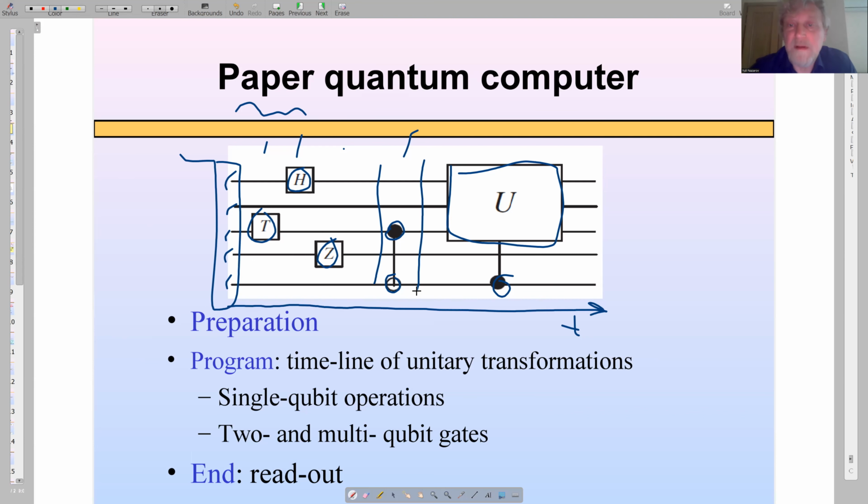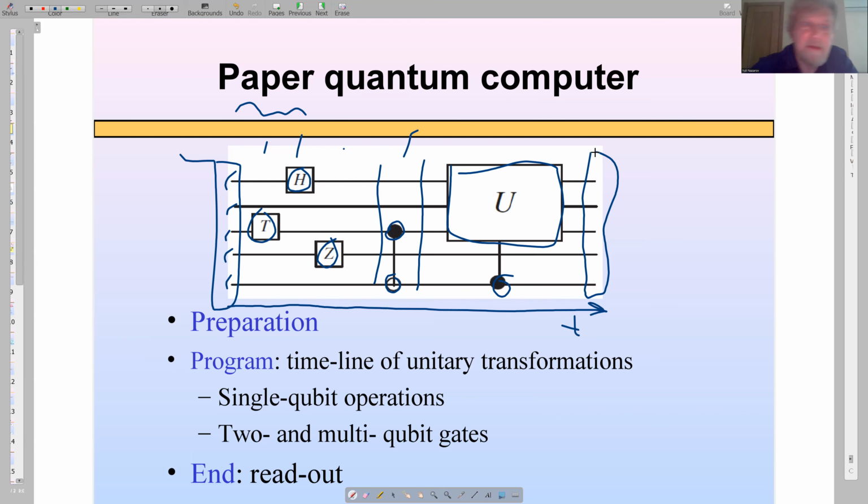Yeah, very good. So in the end, we still want to receive some information from this quantum computer. So this is the readout of the resulting wave function. As we discussed, the information can only be obtained in one shot, in the course of a single measurement.